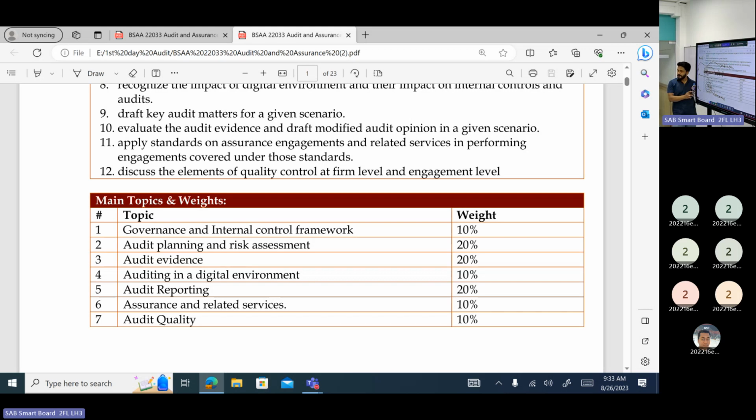Audit can be divided into different bases. It may be a specific audit engagement. It may be a statutory audit engagement, right?